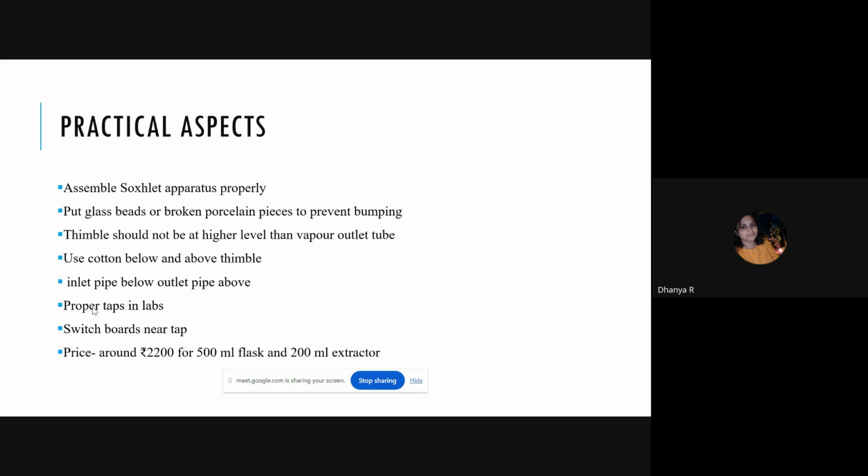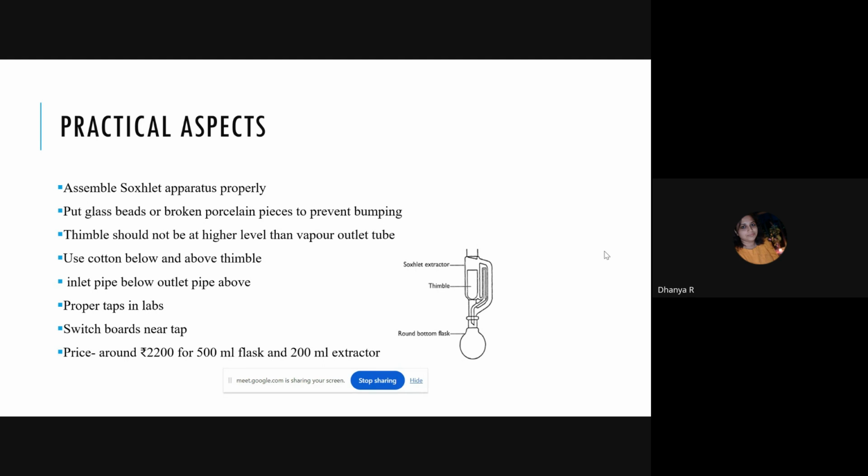The thimble should not be at a higher level than the vapor outlet tube. The thimble is the portion where you keep your drug. Thimble is your drug packet.